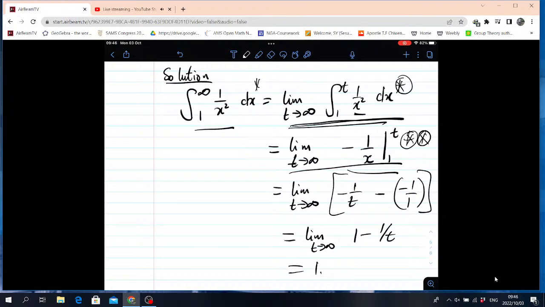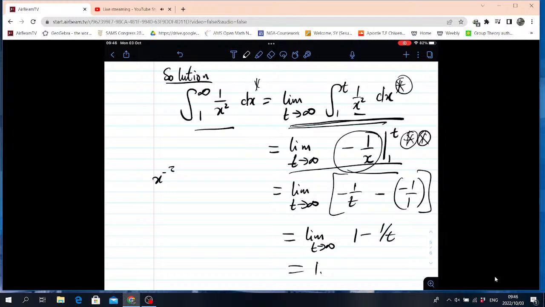So 1 over x squared will be x to the minus 2. If you add 1 and then divide, you end up with this, if I'm not mistaken. Otherwise, it should be routine. Okay, all right, great. You are happy.